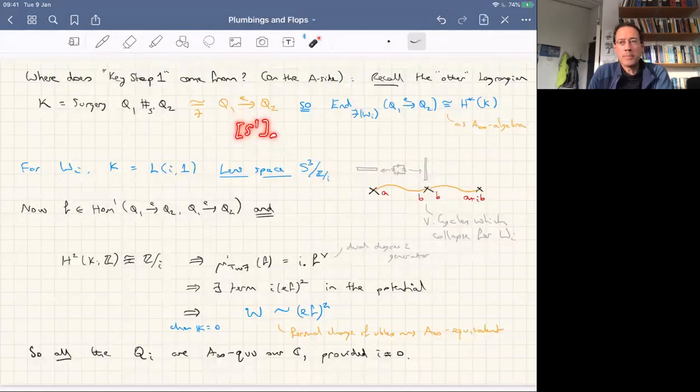But that tells me something kind of fantastic. This thing is an exact Lagrangian submanifold, so that means that we know everything about its Floer cohomology. It's the same as its ordinary cohomology, but not just as an algebra, as an A-infinity algebra. So the endomorphisms in the Fukaya category of this mapping cone should reproduce for me the cohomology of this lens space.